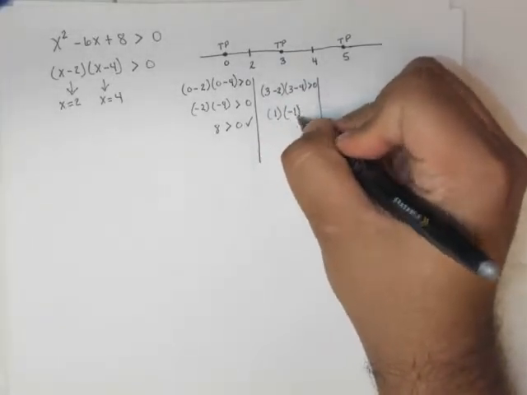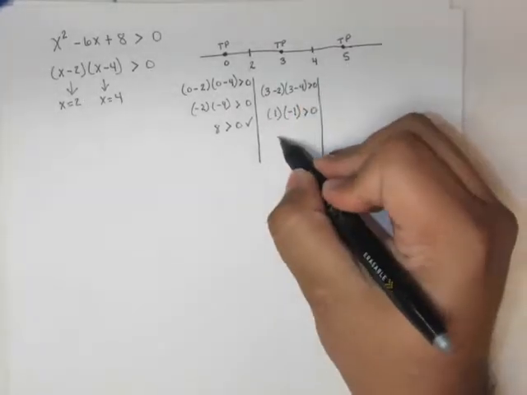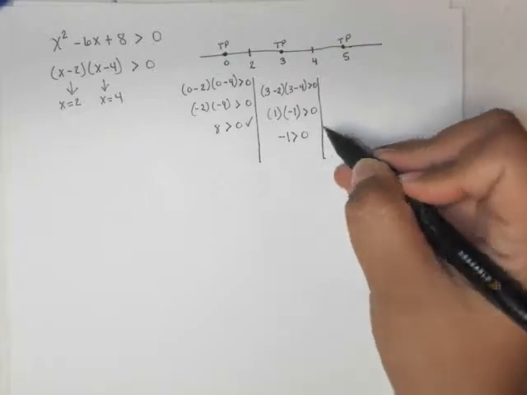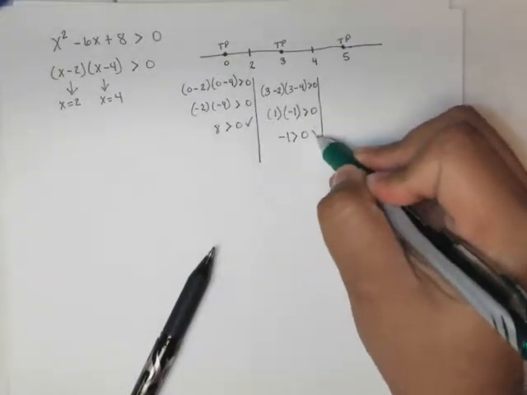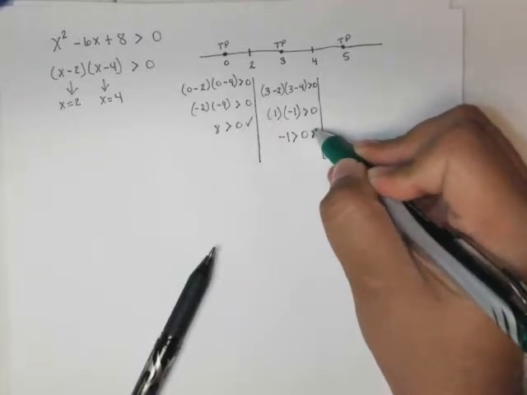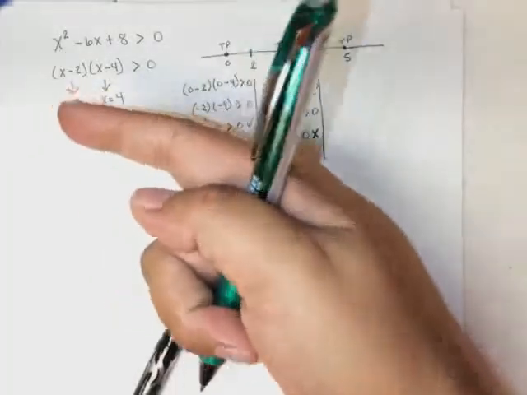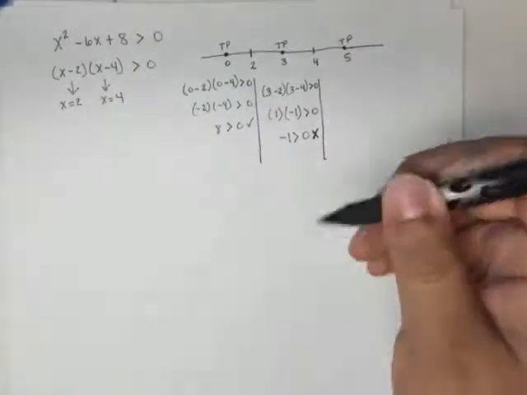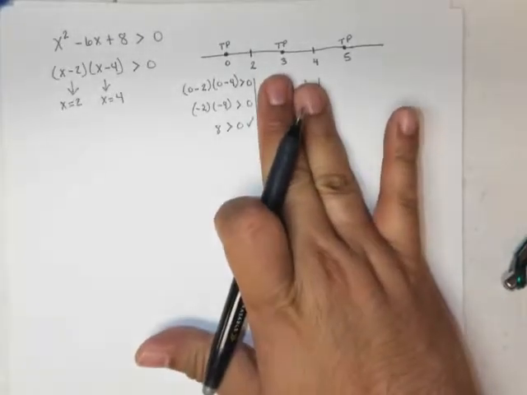I was jumping the gun there. All right, and we're checking if it's greater than 0. Well, the product is negative 1. Is negative 1 greater than 0? Is it bigger than 0? And the answer is no. So this is wrong, not to be confused with the variable x over here. So this is a false statement, so this is not part of our solution.